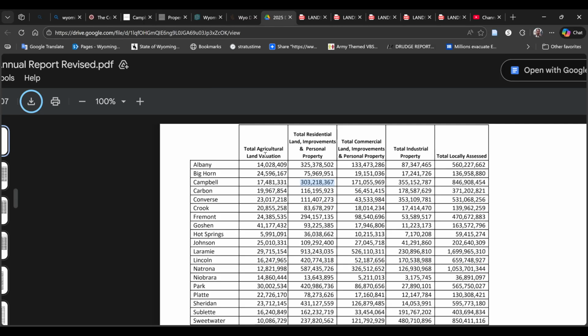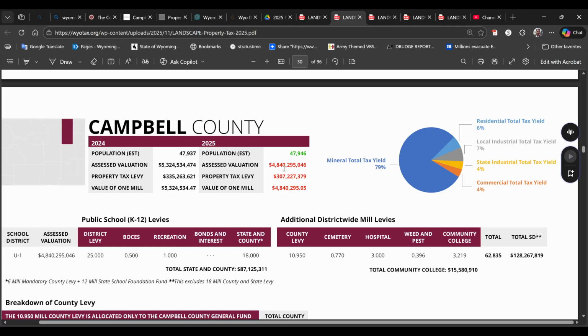If you take the agriculture land, residential, total commercial, and industrial combined, all of those combined is about $846 million. But Campbell County's assessed valuation is more than that. It's actually $4.8 billion. So where is this other $4 billion coming from that's contributing to this tax base?